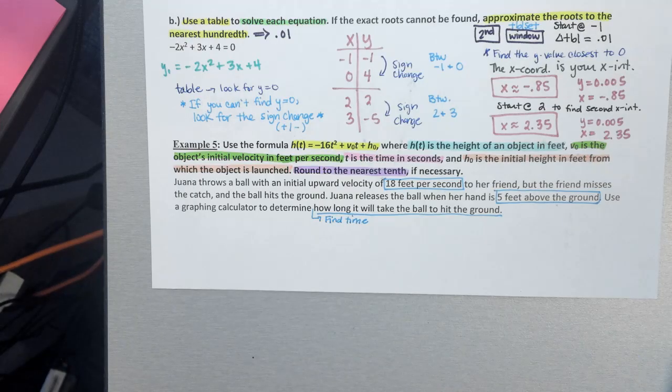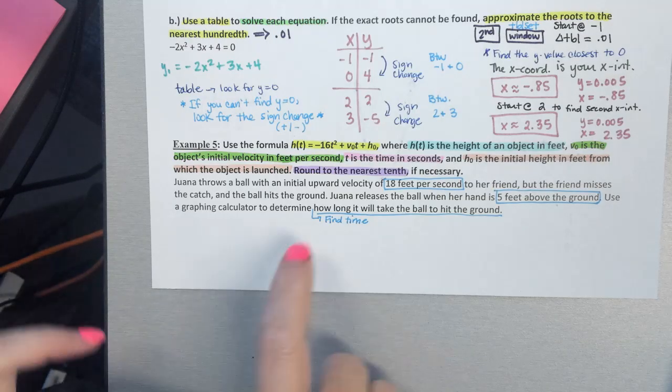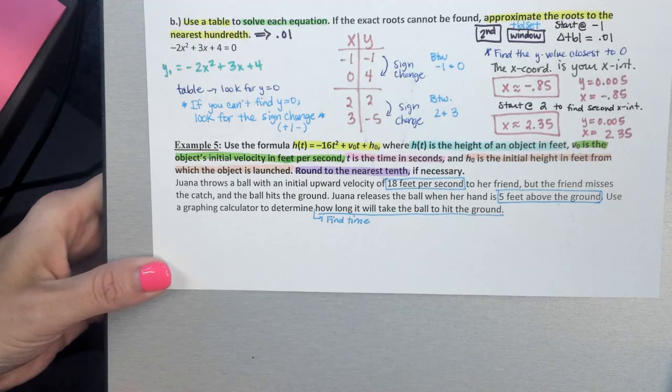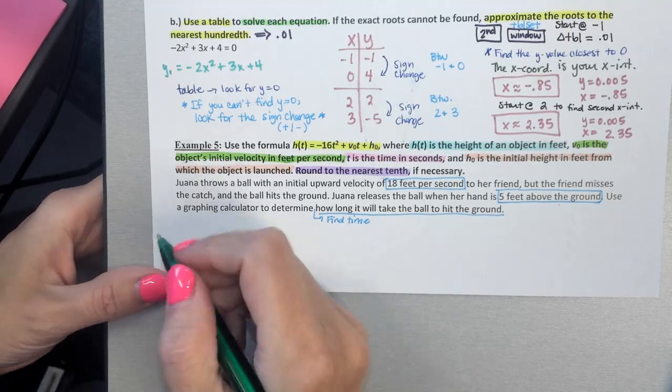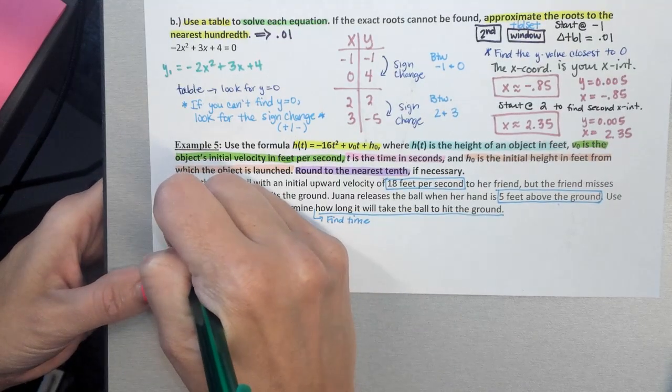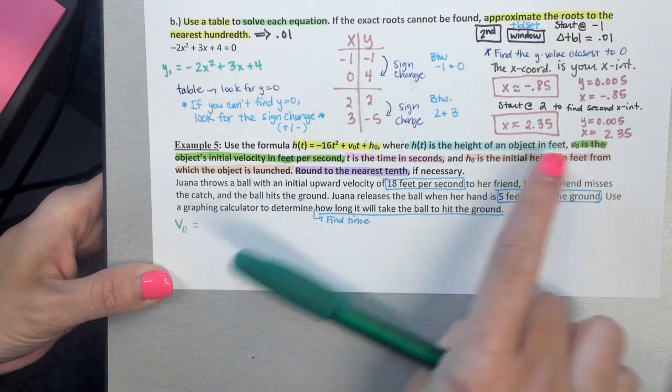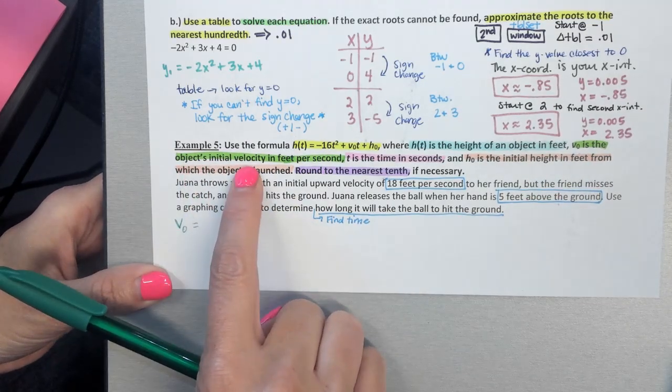Okay, so they gave you a couple of key values in the story problem. They said the initial upward velocity. So that is going to be your v sub 0, the object's initial velocity.